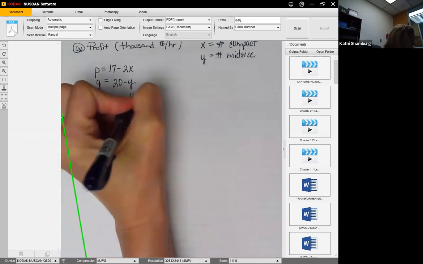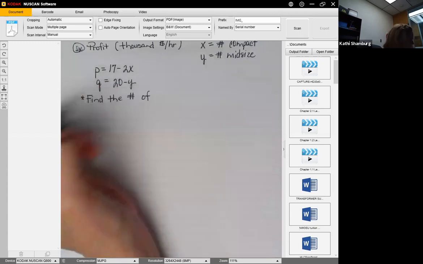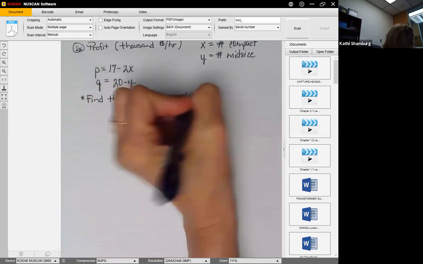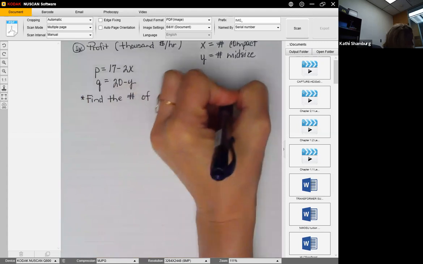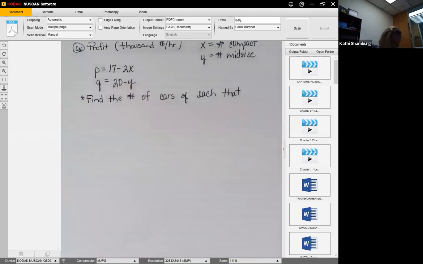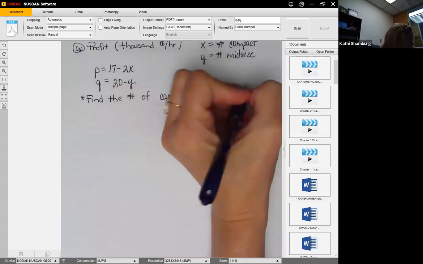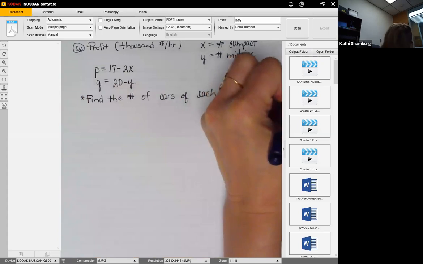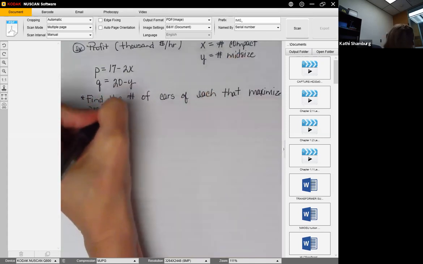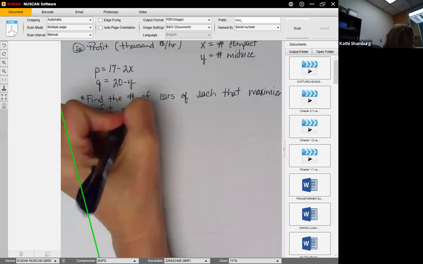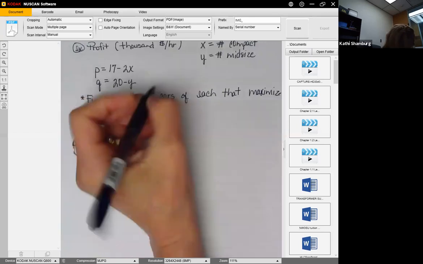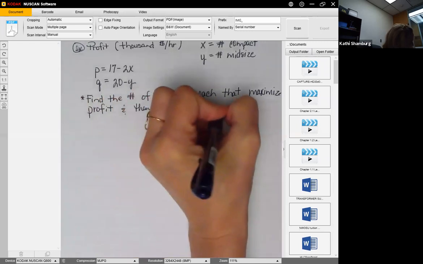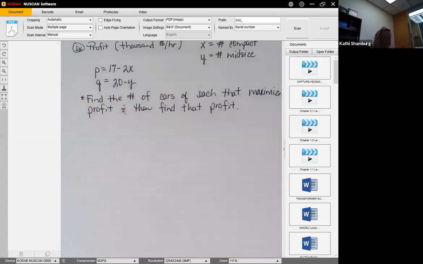Find the number of cars of each that maximizes profit and then find that profit. Okay. All right.